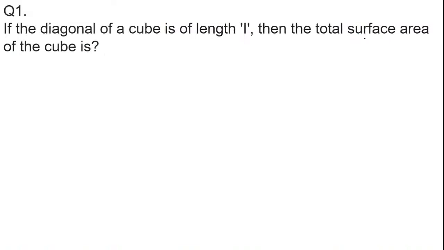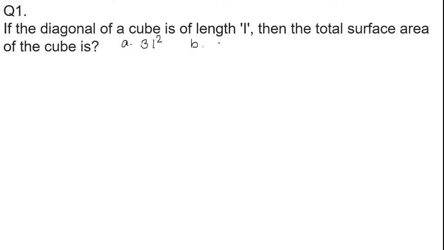Let us start with the three-dimensional structures. The first question displayed on the screen asks: if the diagonal of a cube is of length l, then the total surface area of the cube is what? Please note the options for this question. Option A is 3l square, that is 3L square.